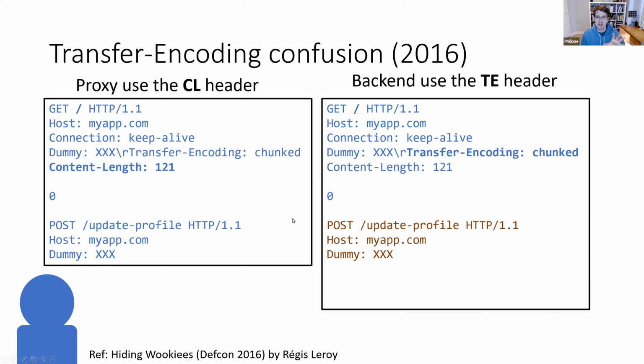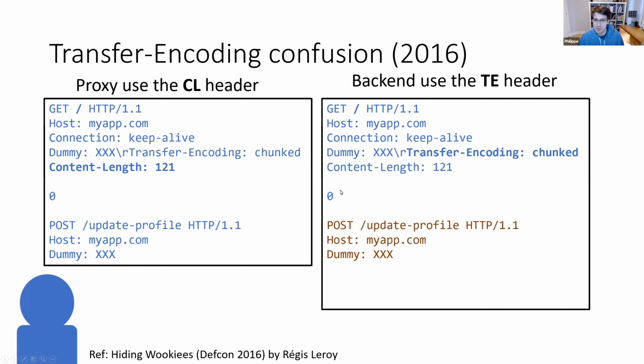But nevertheless, these should have been two POST requests back to back, but our backend, instead of seeing one, will see two requests and will ignore the content length, because the RFC suggests that you should be using it, but actually it's not a suggestion. You should be looking at transfer encoding in priority. For this reason, it's using chunk mode.